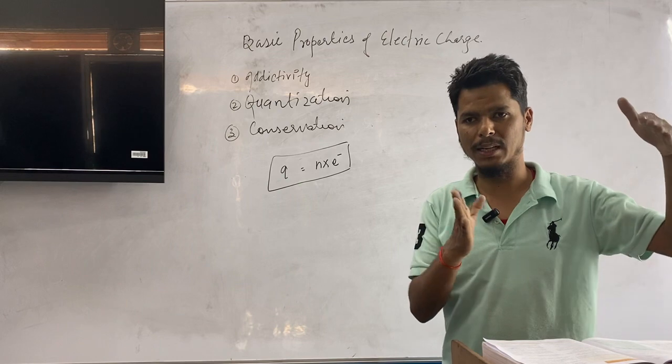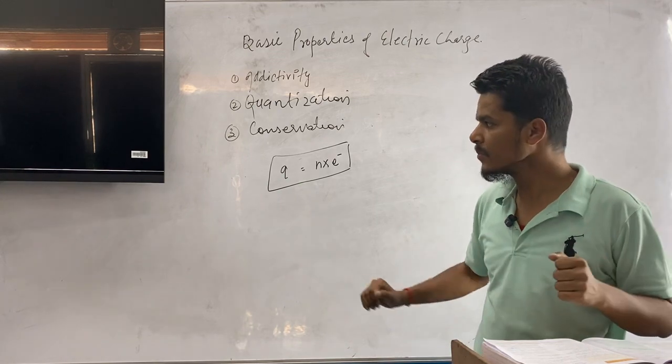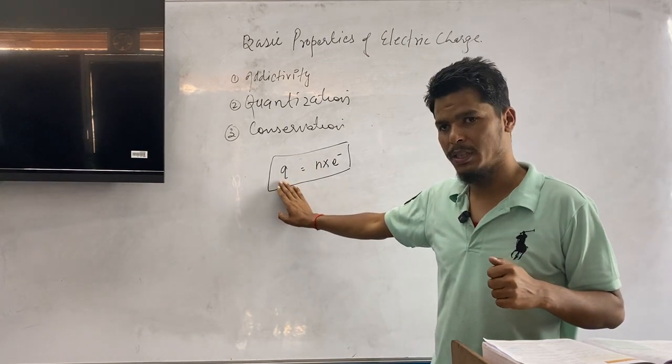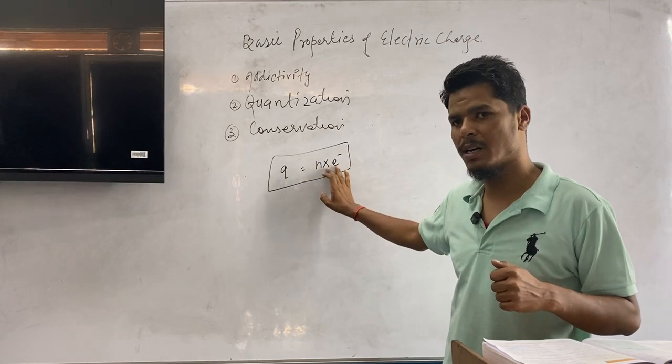What did I say? I repeat once again. The total charge on a body is an integral multiple of the charge on an electron.